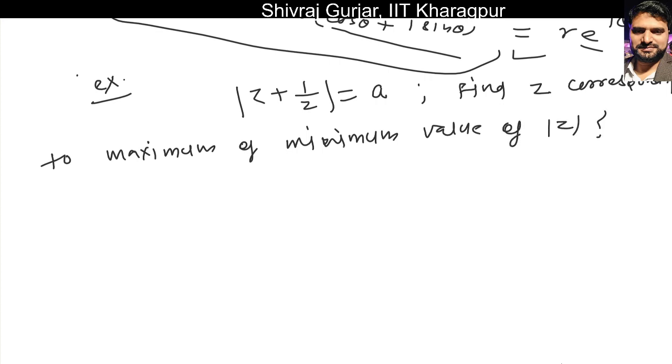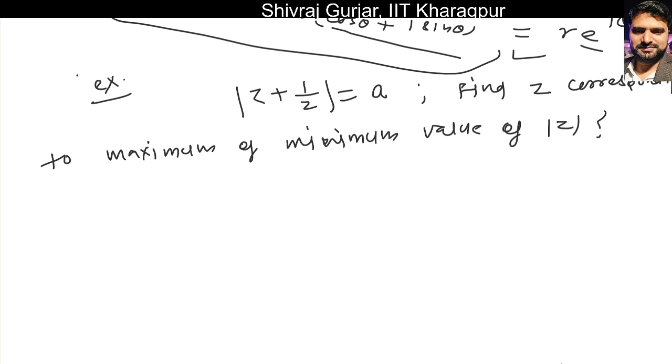This is the question. First thing, what will be a? Can a be a complex number? No, it cannot be, because a is modulus of z plus 1 by z. Modulus is always a real number, so a will be a real number, plus it will be positive as well.